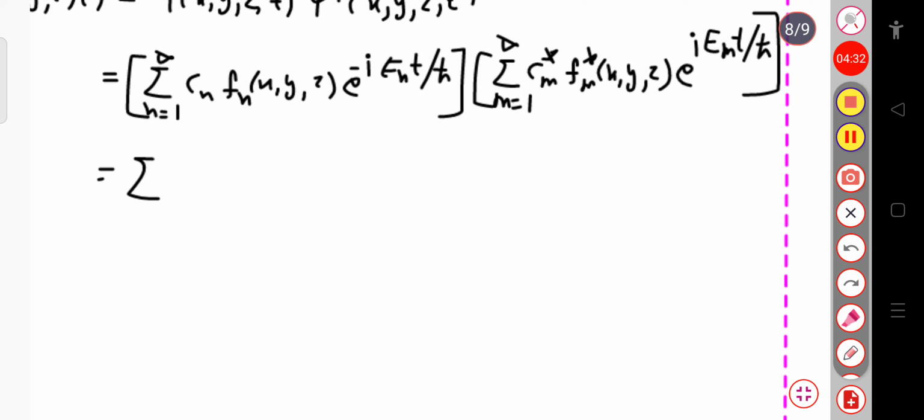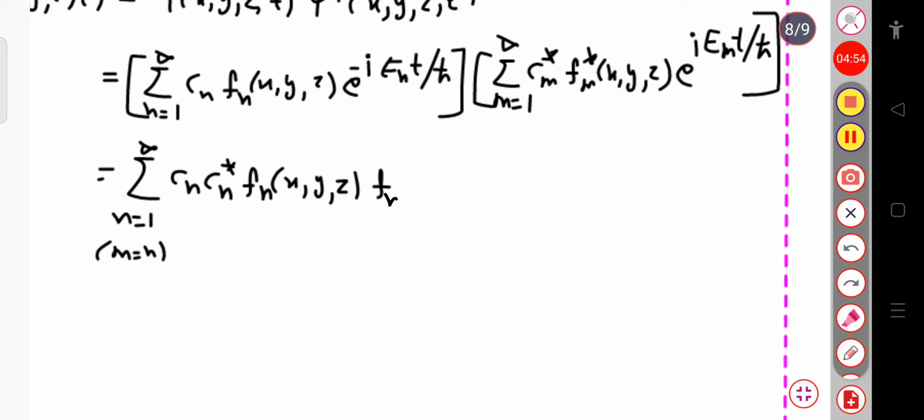So this is the sum over n equal to 1 to infinity of Cn Cn star, for m equal to n, Fn of x, y, z and Fn star of x, y, z. This is your first term.